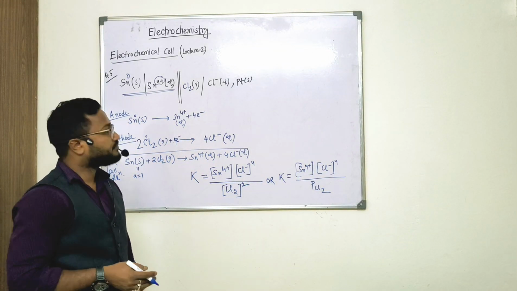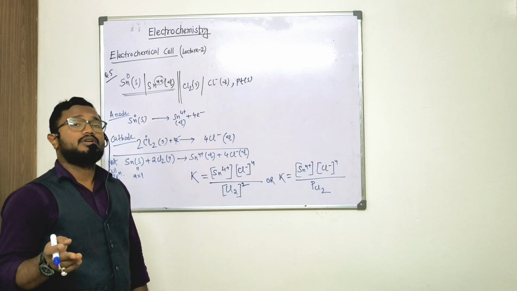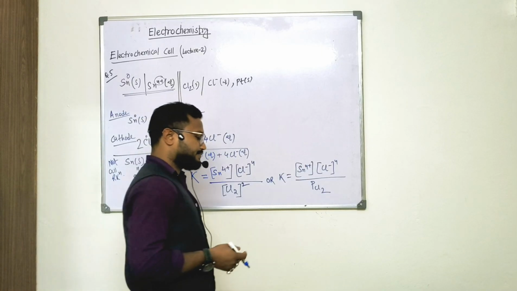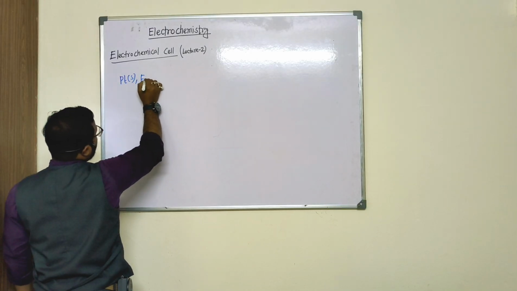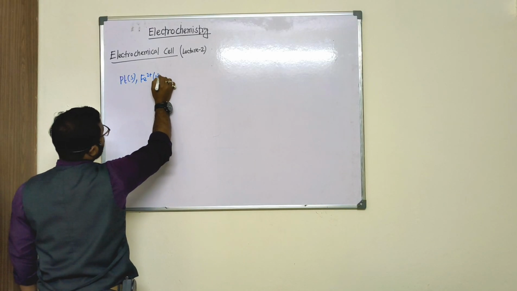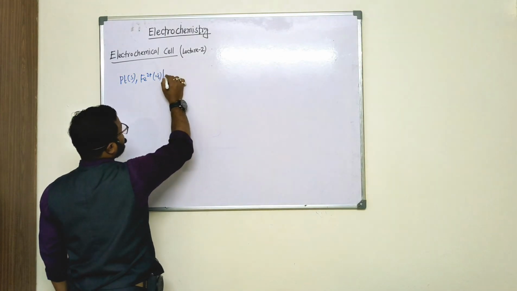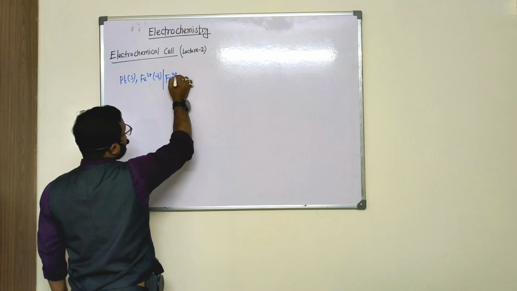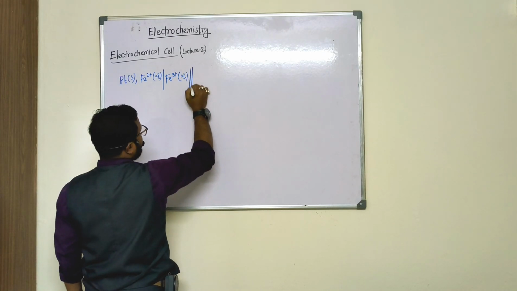Perhaps I am clear. Let us take one more example, very famous example of Cr2O7 2⁻ reacting with Fe2+ aqueous in presence of aqueous medium. We see this reaction, Fe2+ to Fe3+.